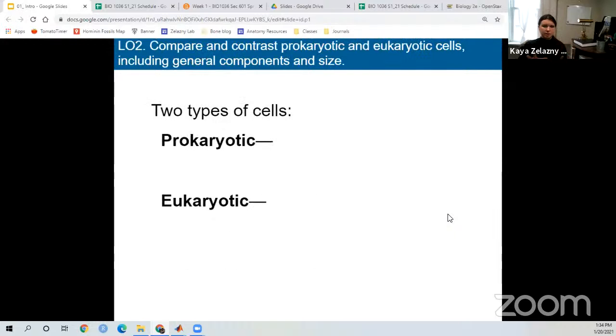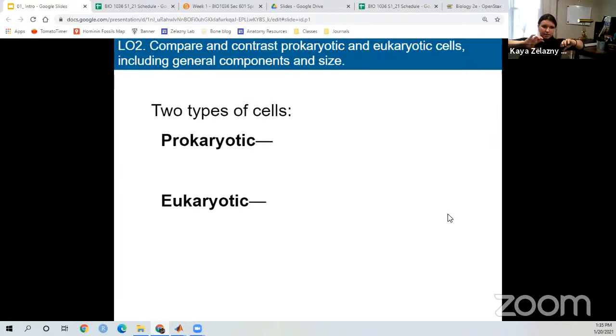Okay, so we know cells are the building blocks of living organisms. All living organisms have cells. But when we look at specific types of cells, specific named cells, we're going to see that all cells are one of two types. They're either going to be prokaryotic or they're going to be eukaryotic.